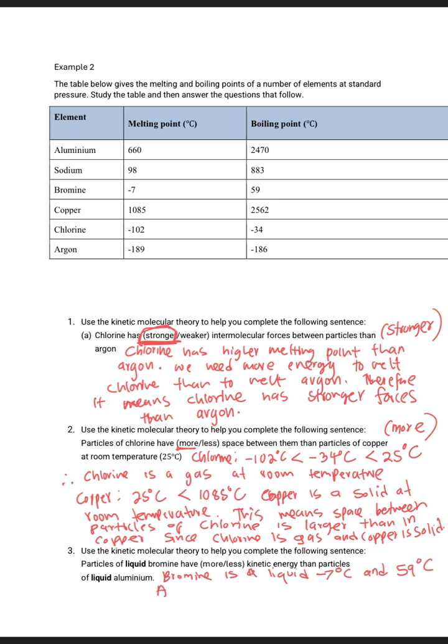Aluminium is a liquid. It exists as a liquid when its temperature is between 660 degrees Celsius and 2470 degrees Celsius. So from here you can see that bromine is actually colder than aluminium.